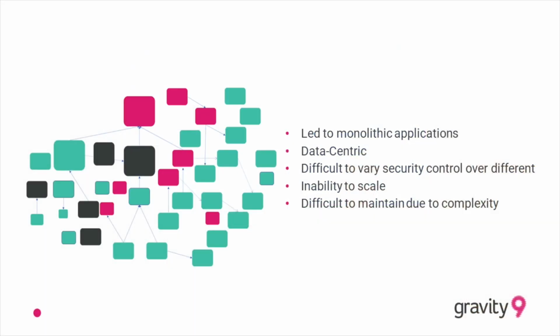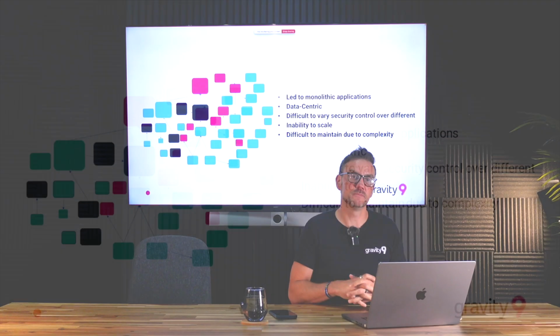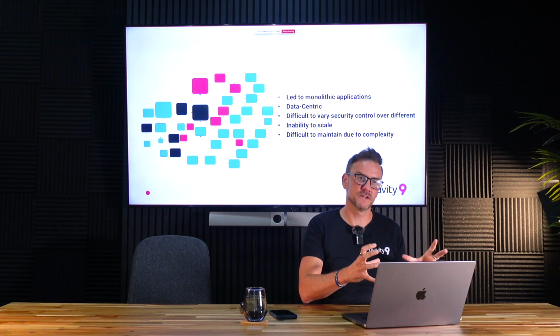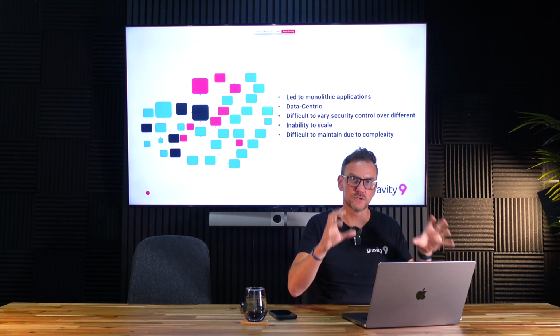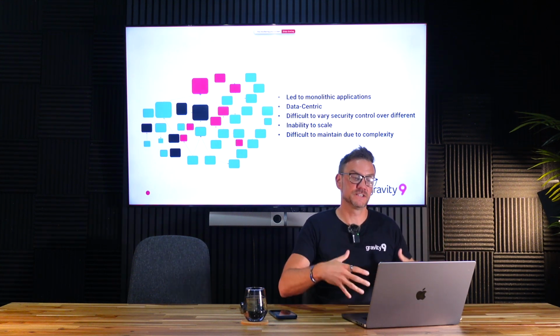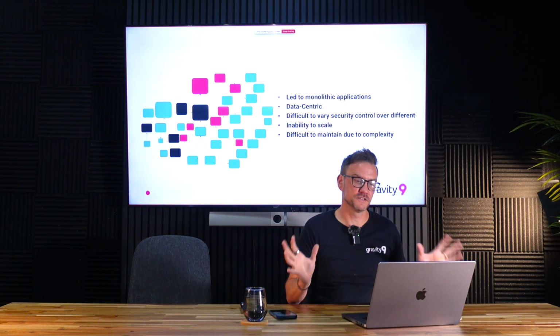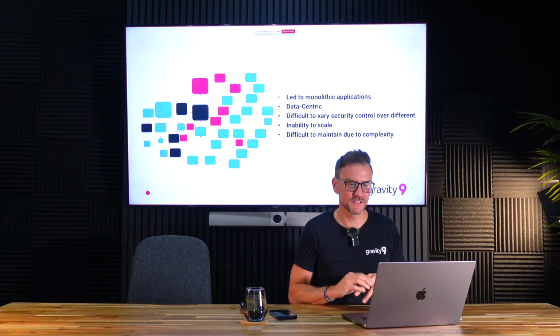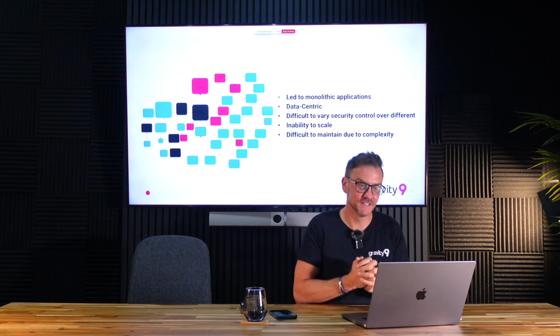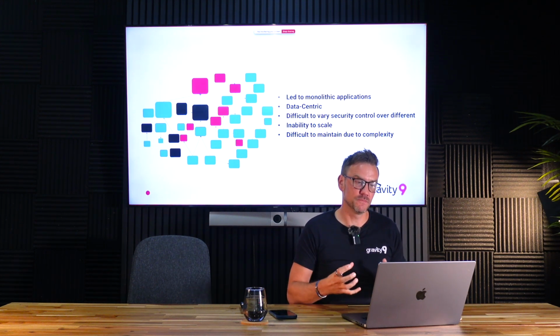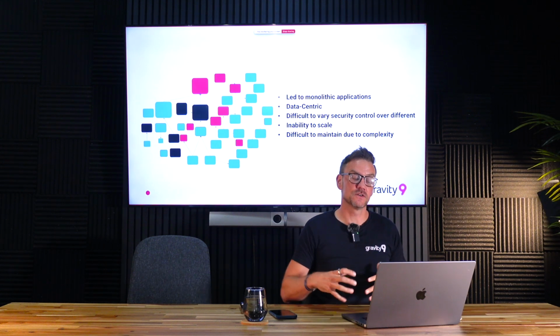This previous approach would lead to something called a monolith. Lots of applications built in the past were built with that mindset, where I've got a data model set up and then I'll build some application logic on top of it. That leads to a monolith. This is not a session on monoliths versus microservices. We've got previous sessions on that, so please check out our previous presentations. But a monolithic application just leads to lots of extra work.